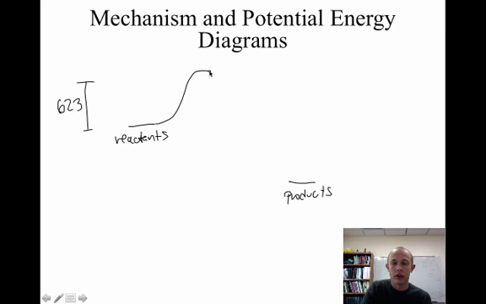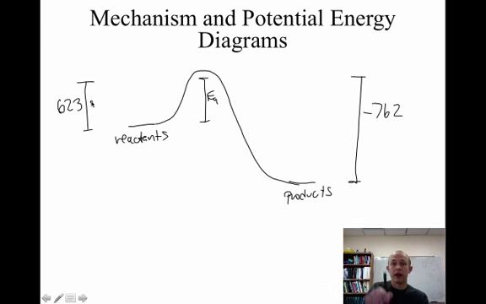And then we get to some transition state, at which point those bonds are going to rearrange themselves and release 762 kilojoules of energy, right? So the activation energy here is the 623 kilojoules of energy that we had to put in to break those bonds.